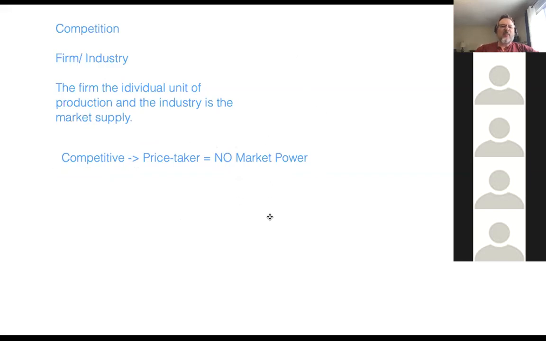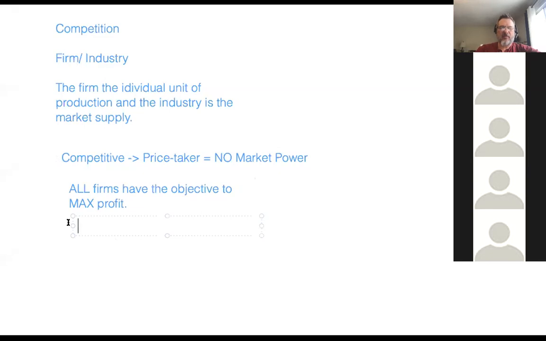So this becomes really important in talking about the behavior of the competitive firm, because we know that all firms have this objective. Notice I said all firms have the objective to maximize profit.